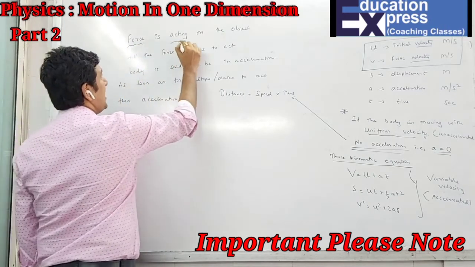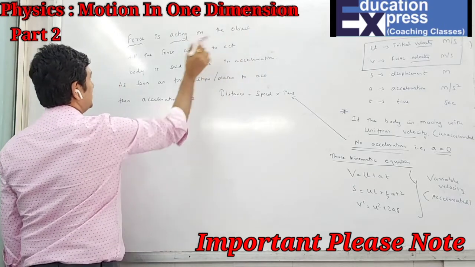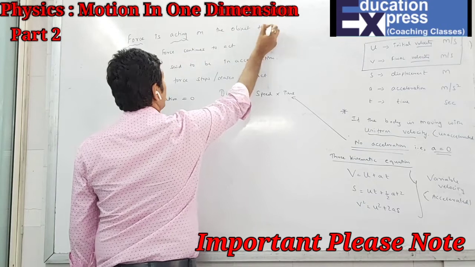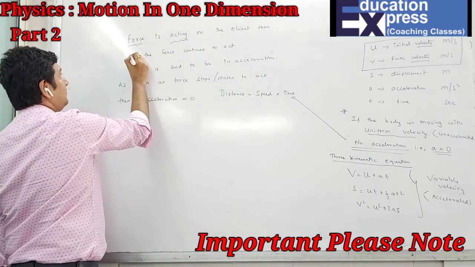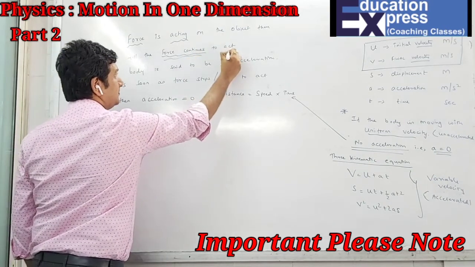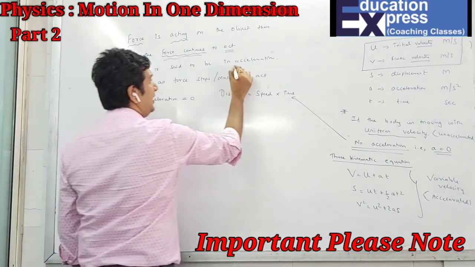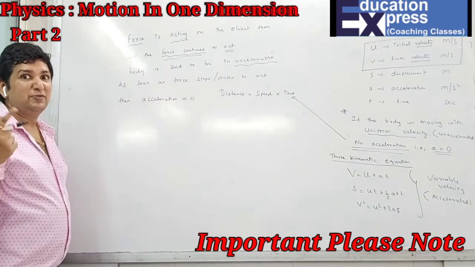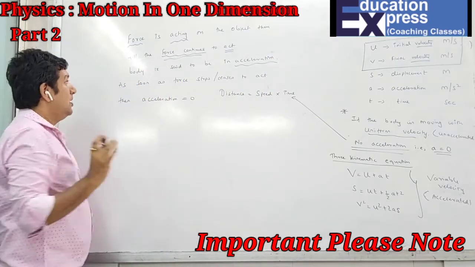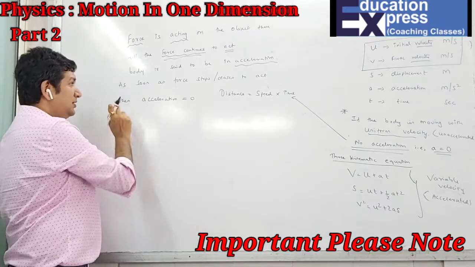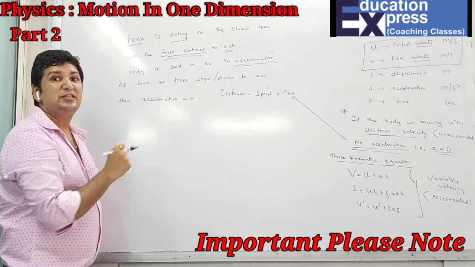So I repeat the keywords. If the force is acting on the object, then till the time the force continues to act, the body is said to be in acceleration. That means the body is changing its velocity, variable velocity. But as soon as the force stops or ceases to act, then the acceleration becomes 0.